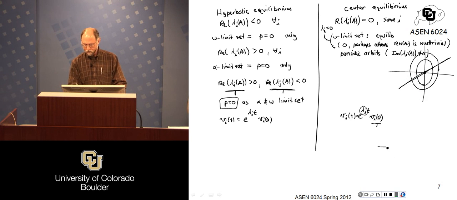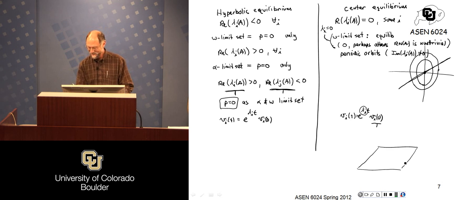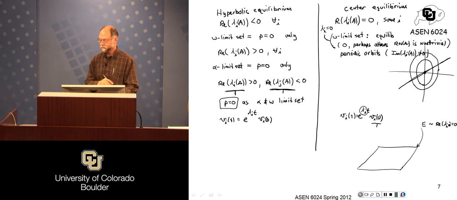So let me attempt to draw this. The trouble is, this gets into higher dimensions, and it's really hard to draw these things. But if we take this plane here, this is the eigenspace associated with real part of lambda I equals 0.